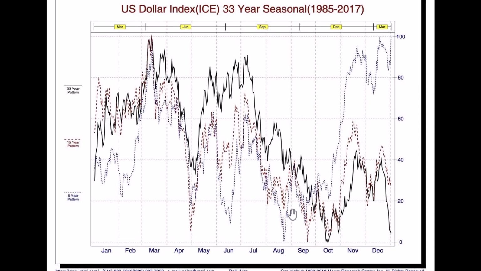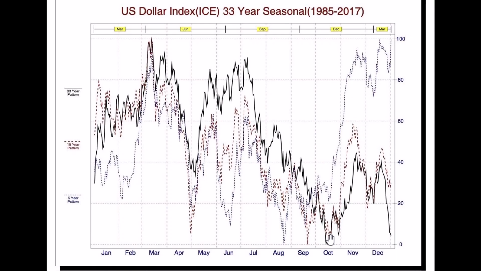So we can see that September moving to October seemed to make the low of the dollar throughout the year, and from mid-October we seem to see a rally, especially till the middle of November on all three averages.